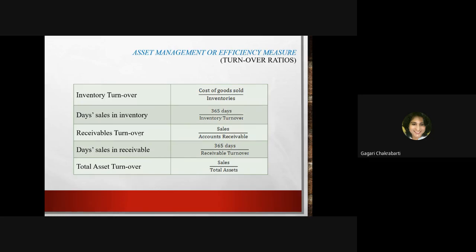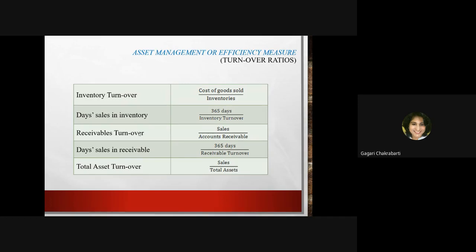Once again, suppose it is 30 days. So on average, we collect on our credit sales in 30 days. This is called the average collection period also, right? This is the number of days the company will require to collect all the credit sales. So of course, the lower the better.